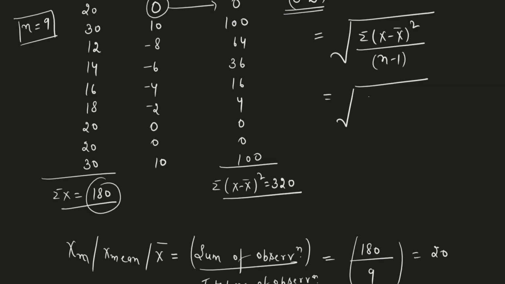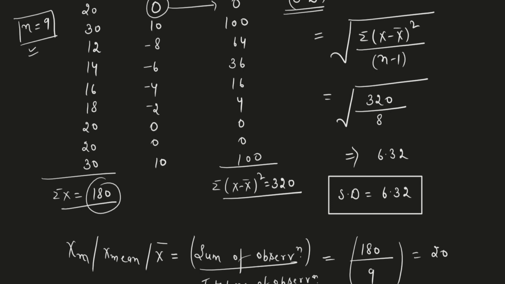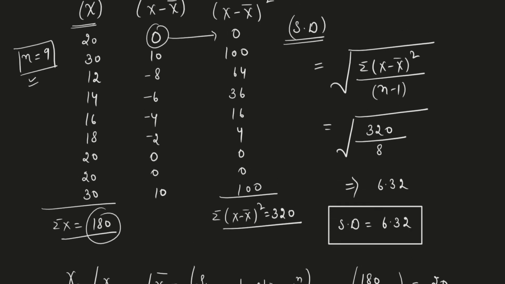So 320 divided by n minus 1, value of n is 9, 9 minus 1 is 8. Guys, when you solve this, it will come around 6.32. So the value of standard deviation for this data is 6.32, right?